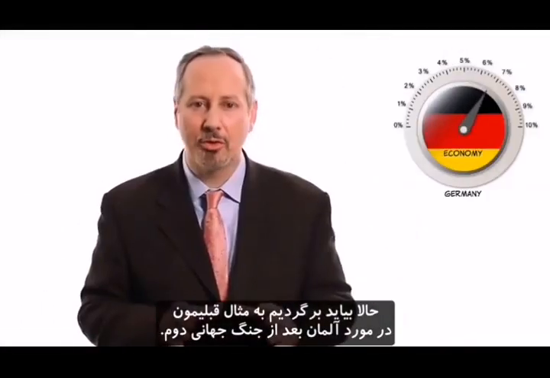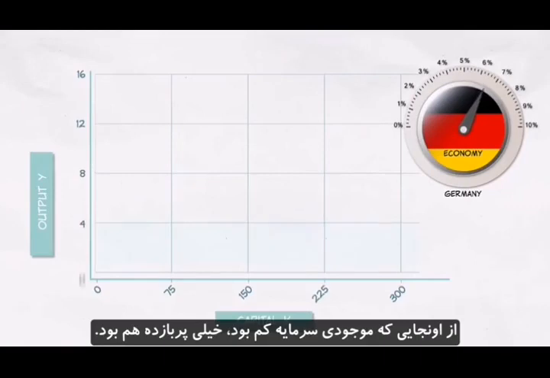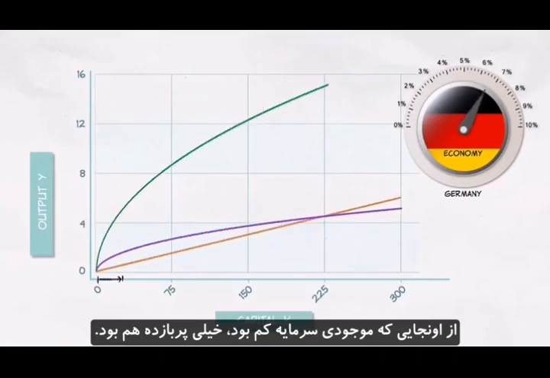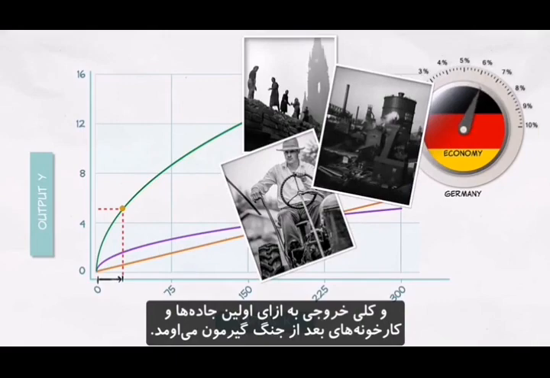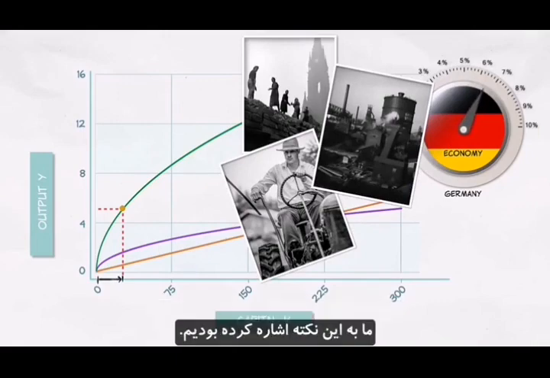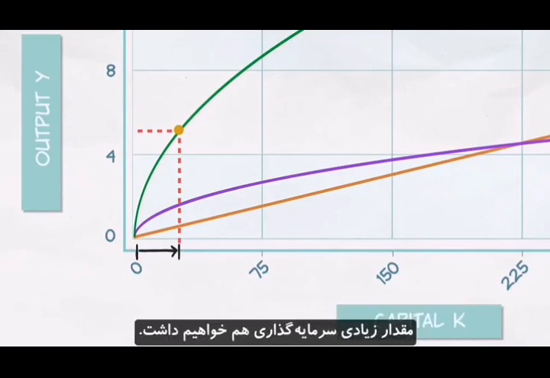Now let's go back to our earlier example of Germany after the end of World War II. Since the capital stock is low, it's also very productive, and we get a lot of output from the first new roads and factories after the war. We've already mentioned that point. But in addition, we now see that when the capital stock is very productive and producing a lot of output, we will also be producing a lot of investment.